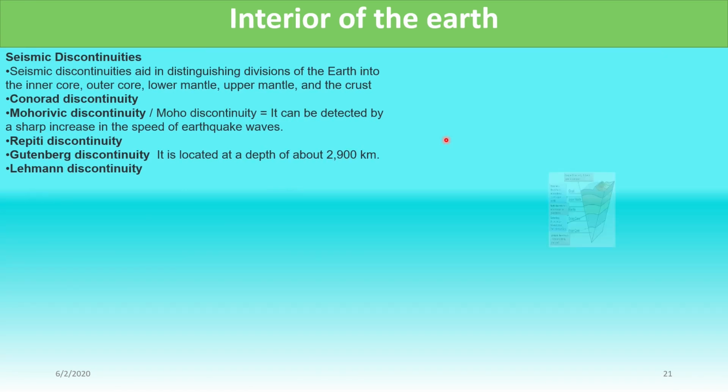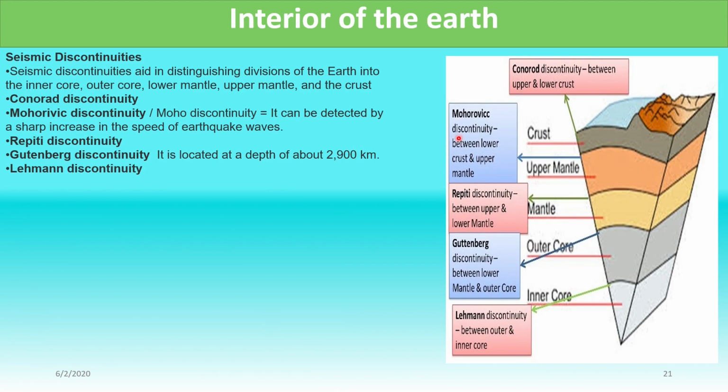Seismic discontinuities. Seismic discontinuities aid in distinguishing divisions of the Earth's interior, that is, inner core, outer core, lower mantle, upper mantle, and the crust. Conrad discontinuity is in between the upper crust and the lower crust.